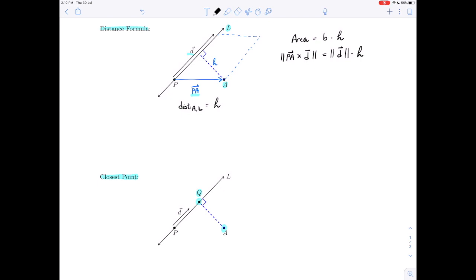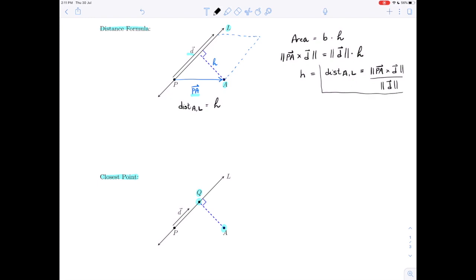So the height that we're looking for, which is the distance from A to L, all we have to do is divide: the norm of PA cross D divided by the norm of D. So there is a lovely distance formula.